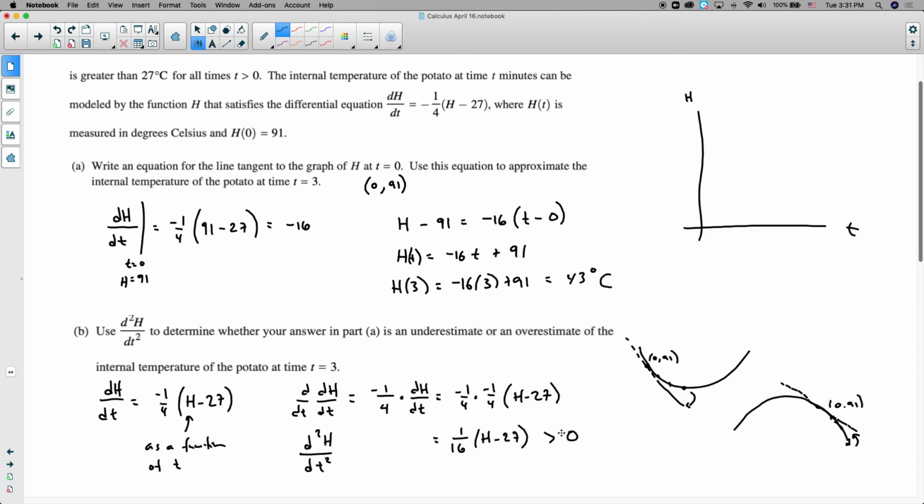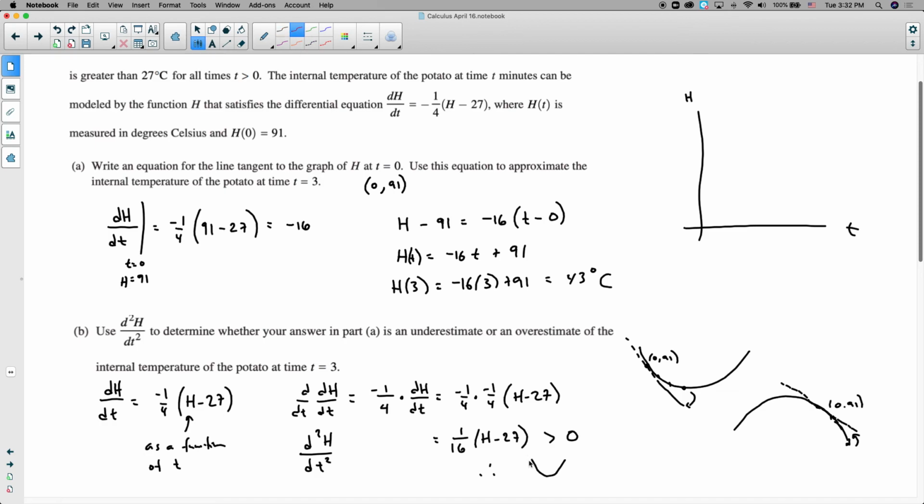This is because it did state up in the problem that the temperature was always greater than 27. So regardless of the amount of time that's passed, the temperature is greater than 27. So this is a positive number. This is a positive number. So the whole thing is positive. All right. So then that is therefore implying that things are concave up.